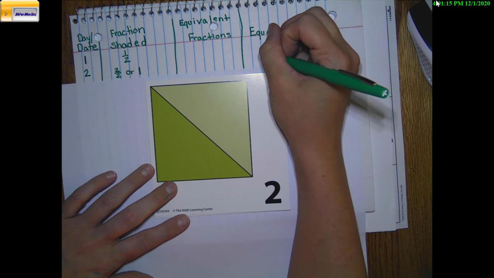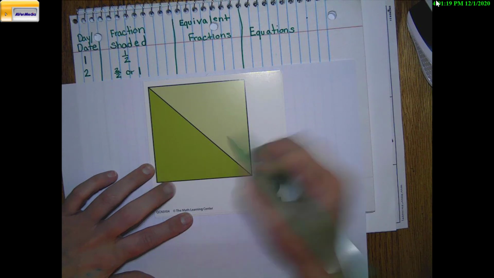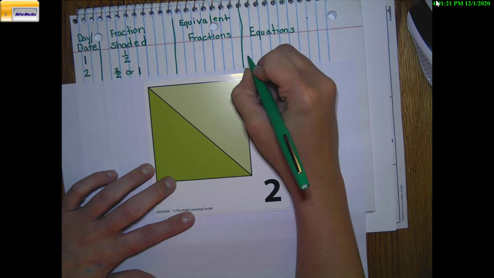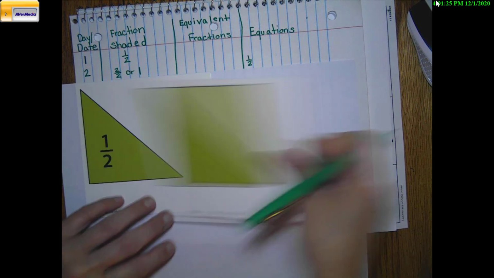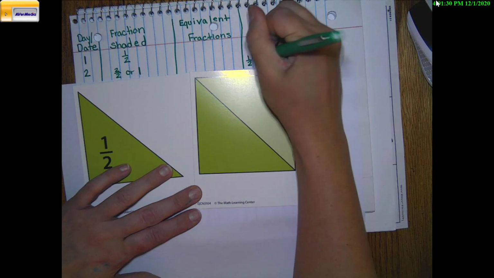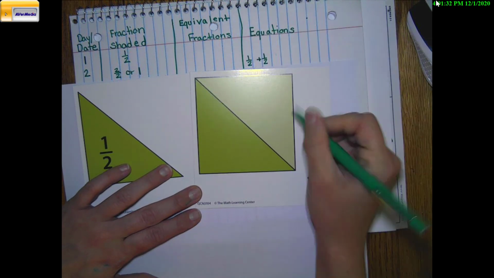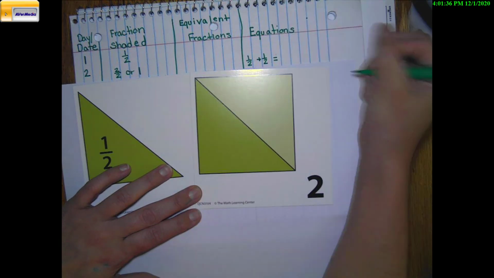And then we're going to go over here to equations. So this one does show an equation. It has dark green plus a light green. So for our equation, we're going to write 1/2 for your dark green. We know that from yesterday, that the dark green stood for 1/2, plus the light green, which we just saw today, equaled what?